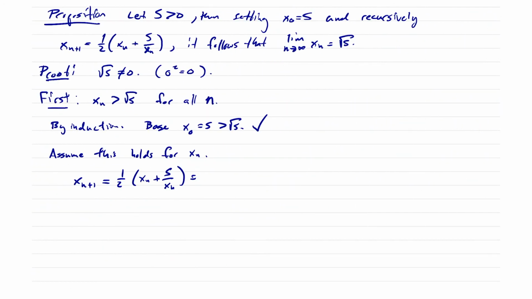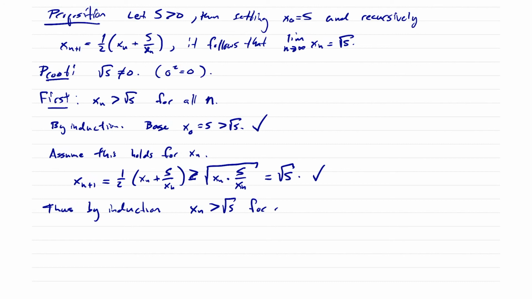So we can replace this with the square root of xn times s over xn, which gives me the square root of s. So done, and thus by induction, xn is bigger than the square root of s for all n.